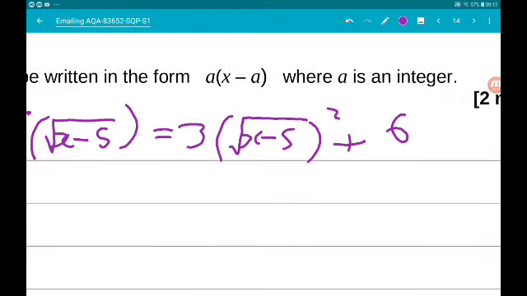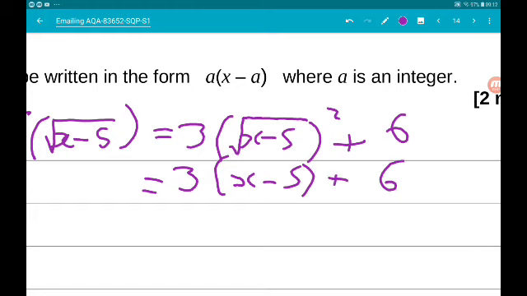Now, if you square a square root, the two things cancel out. So we've got 3 lots of x minus 5 add 6.